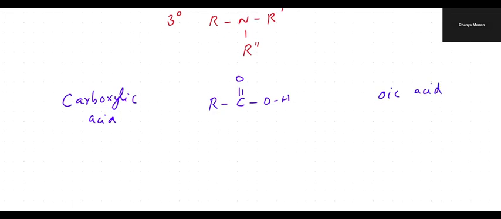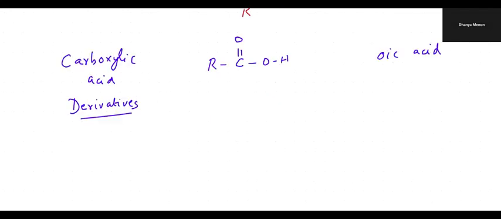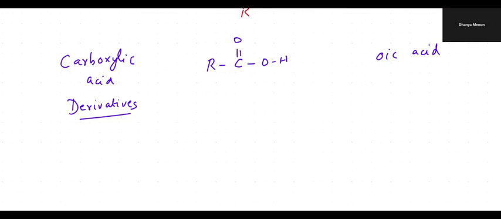Now coming to some derivatives of carboxylic acid, which we will be using. These things you have to memorize, but with constant practice, and we have lessons on carboxylic acid, alcohols, etc. in grade 12, you would be able to make it thorough.